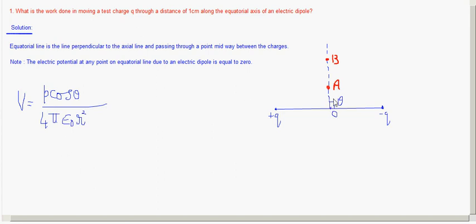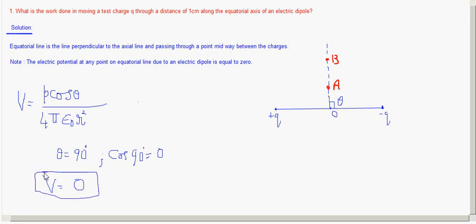You can refer to the previous picture for what exactly theta is. Theta is 90 degrees, that means cos 90 is 0. That is why we get the potential at any point on the equatorial line as 0.